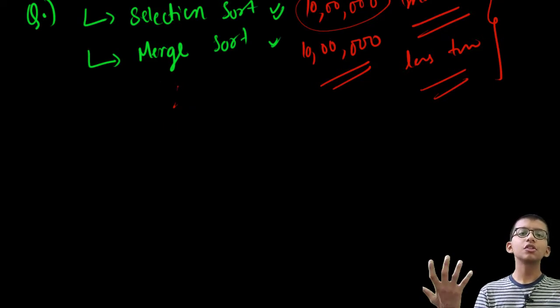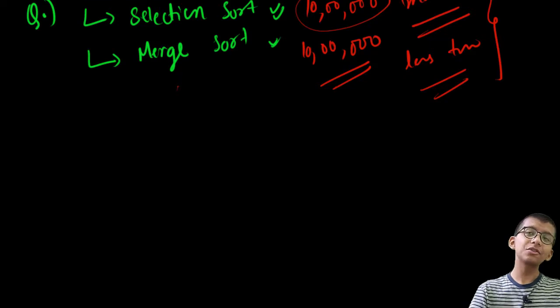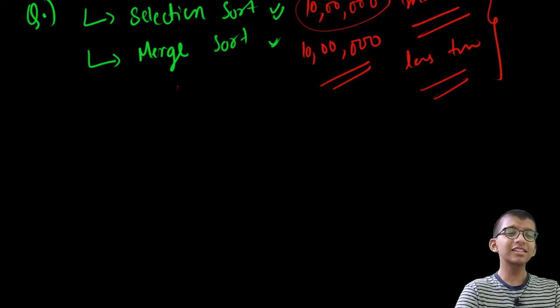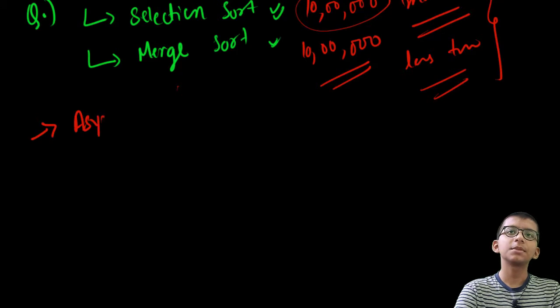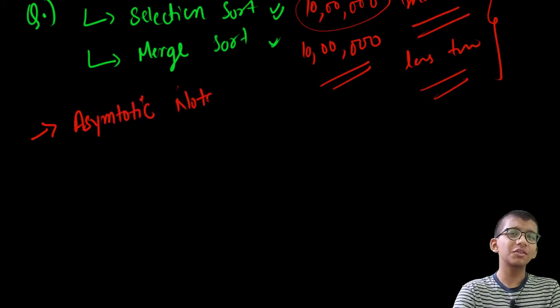For actually doing this kind of comparison in time complexity analysis, we have asymptotic notation. There are three types of asymptotic notation.